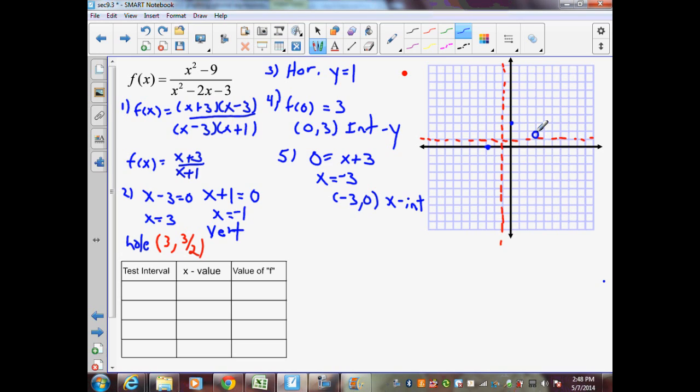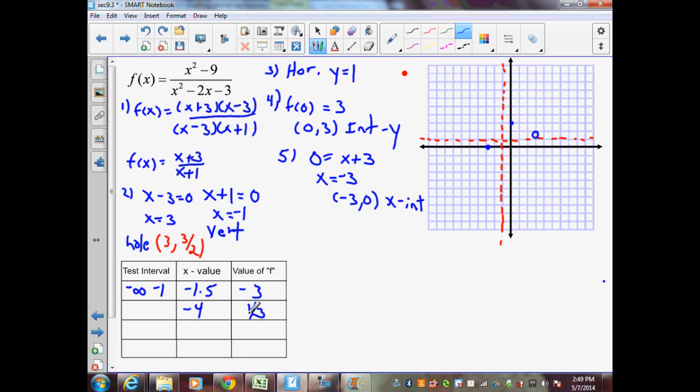So now I need to plot some information for the interval on the left, which is going to be values from negative infinity to negative 1. And I chose values of negative 1.5, which is approximately 3, and also a value of negative 4, which I got to be 1/3.